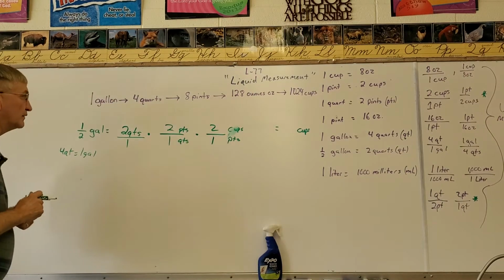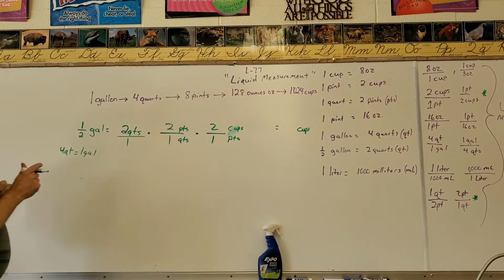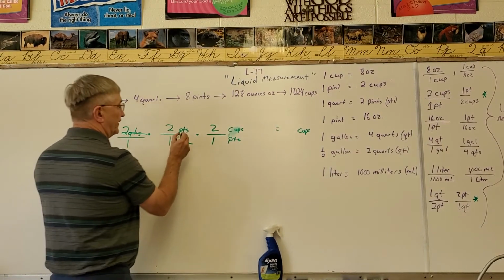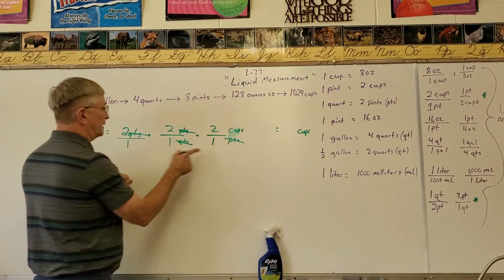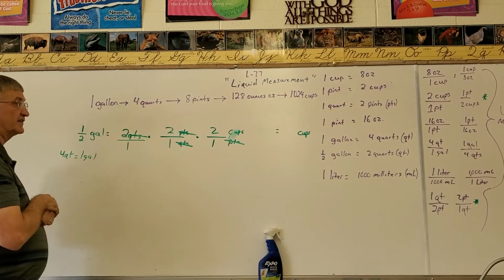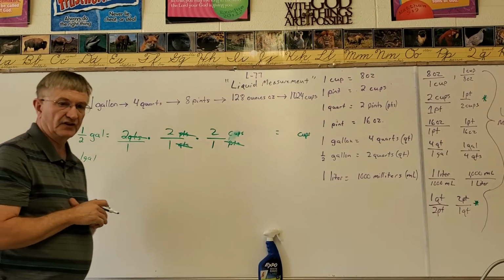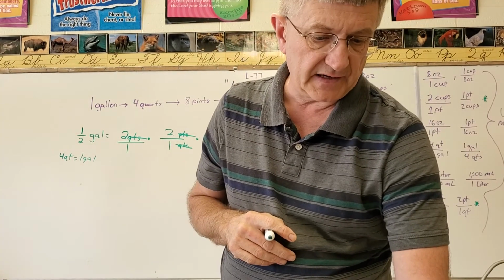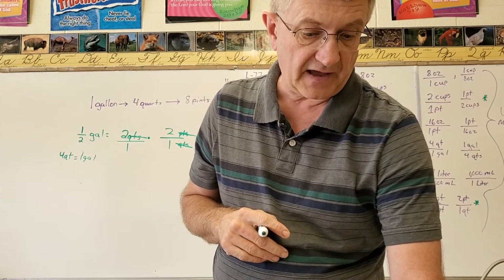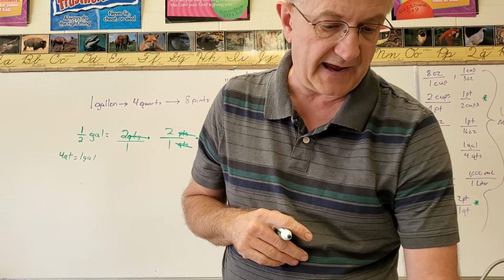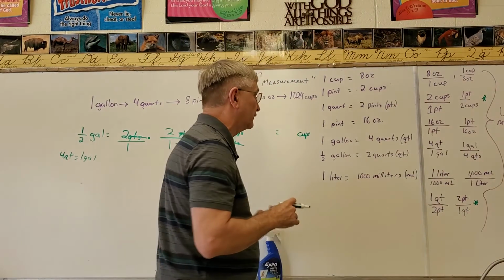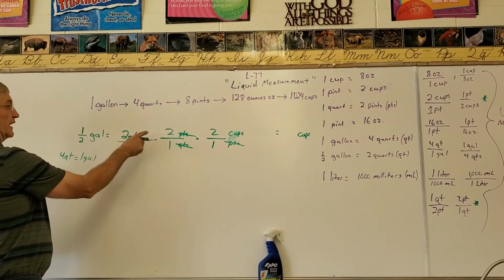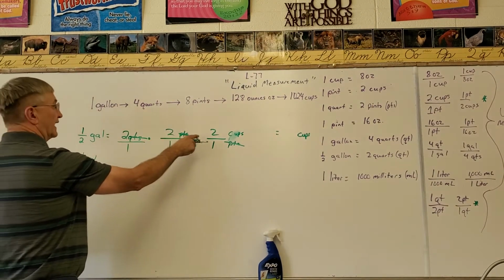Now we can cross cancel all this out: pints to pints, quarts to quart. We're doing that cross canceling that we talked about earlier. To get back to the question, a half gallon of orange juice will fill how many 8-ounce cups? We have to figure out the cups first. So we have 2 times 2 is 4, times 2 is 8.